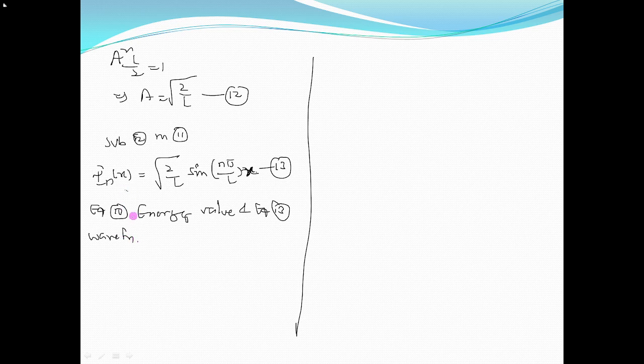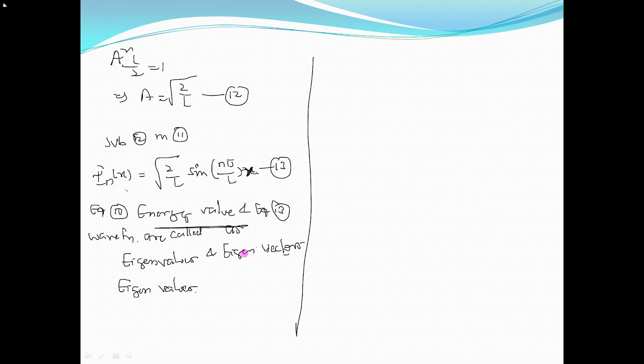The energy value is called the eigenvalue and the wave function is called the eigenvector. Here, eigenvalues and eigenvectors.